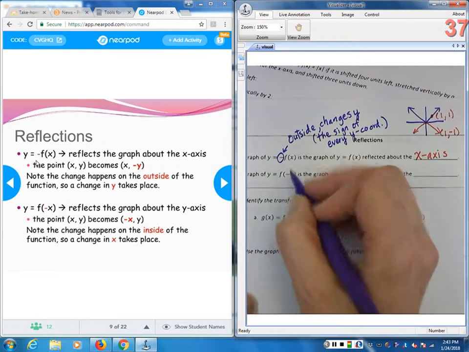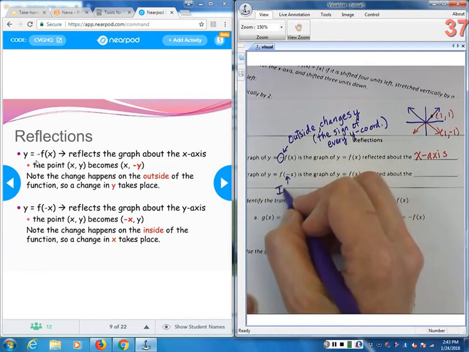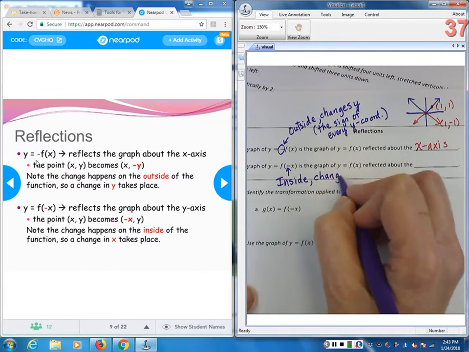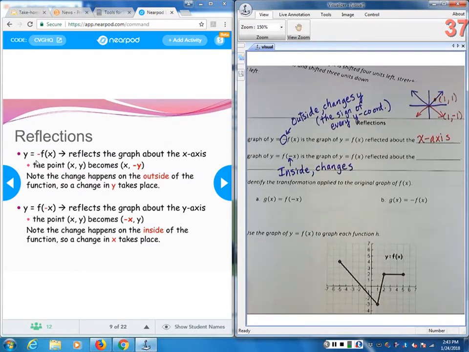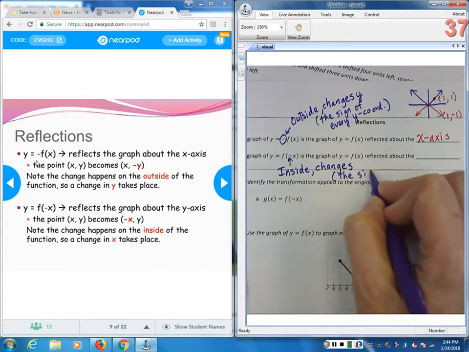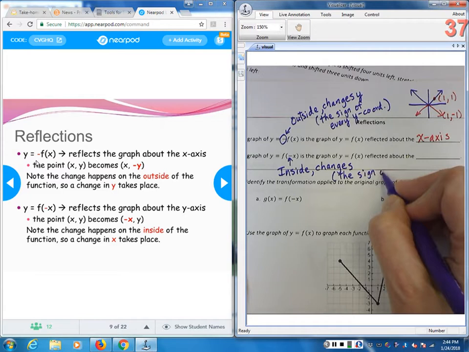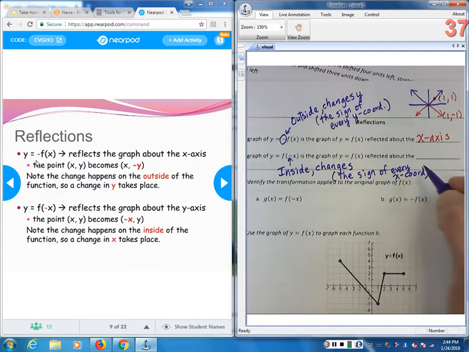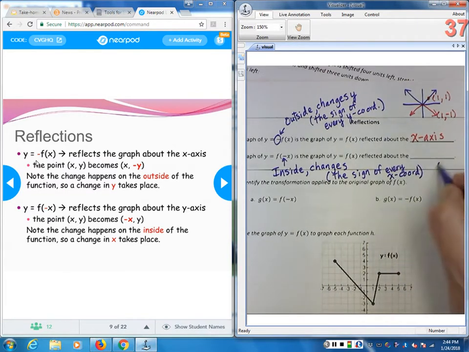And now this is on the inside. It changes x. In fact, you would change the sign of every x coordinate. So our little slideshow says that if you have x, y, it's now going to be -x, y.